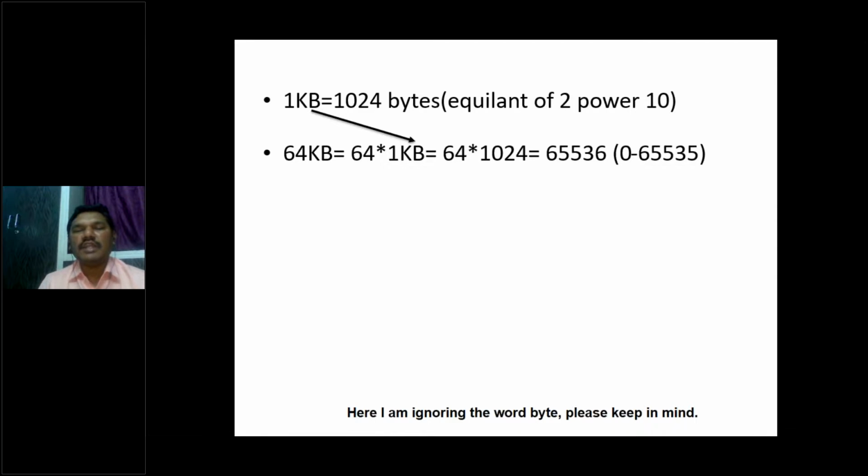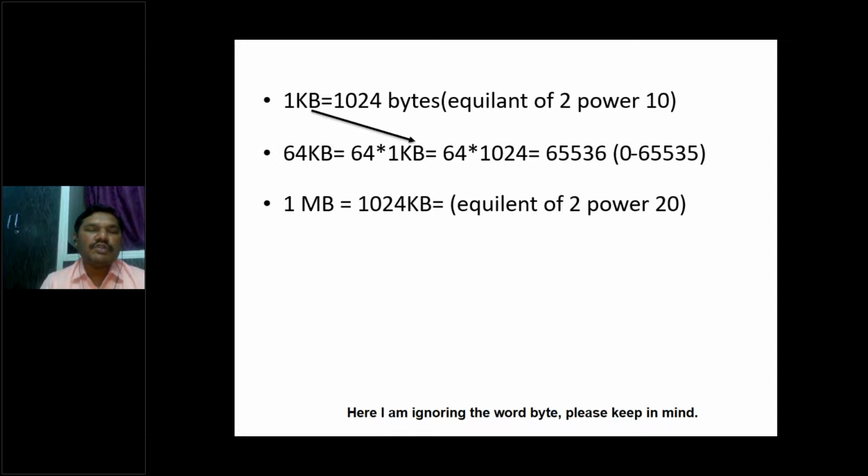If you multiply, you get 65,536, which can be represented as 0 to 65,535. Now 1 MB is equal to 1024 KB, because 1000 times 1000 kilo is equal to 1 mega. So 1024 KB is equivalent to 2 power 20.